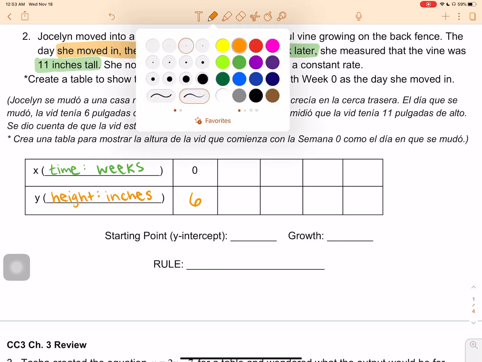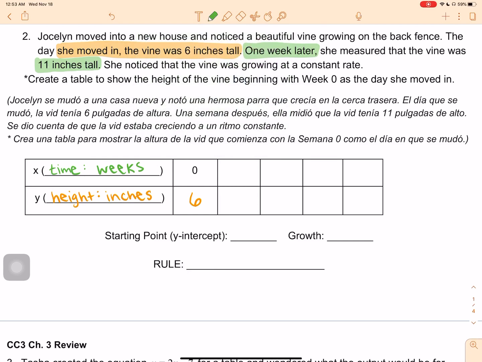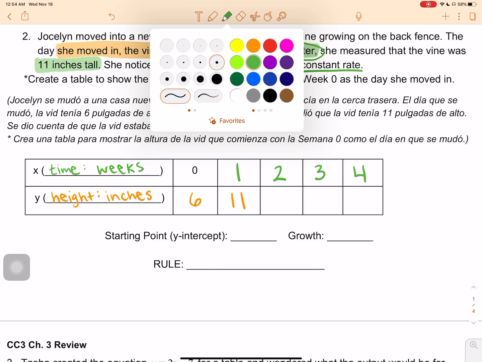So in the top part there, with all the x values, we say that 1 week later, the vine was 11 inches tall. She also mentioned that it grows at a constant rate, so that means it grows at a constant rate every week. So we want to go week by week up to 4 weeks here. I notice my starting point is 0, 6.